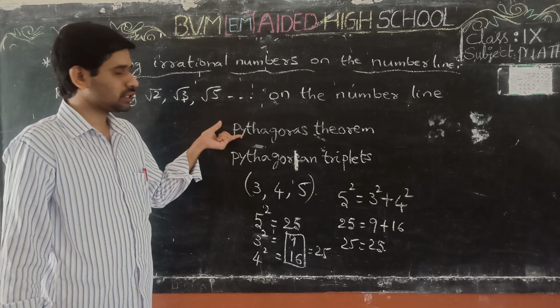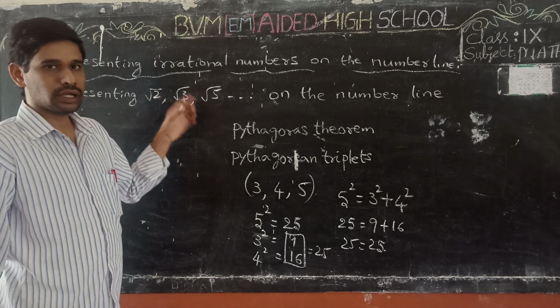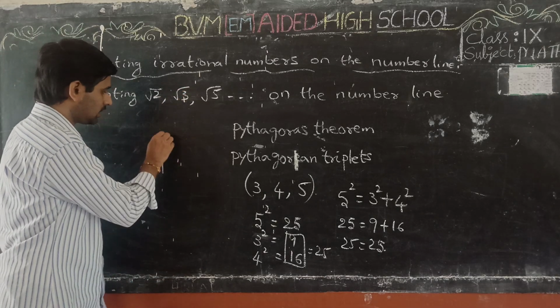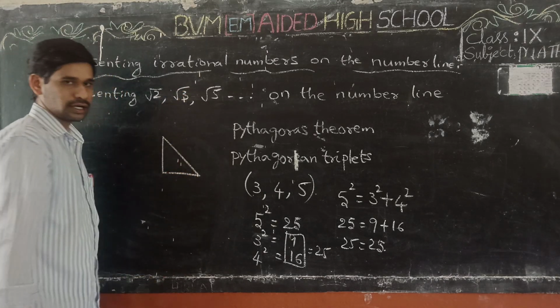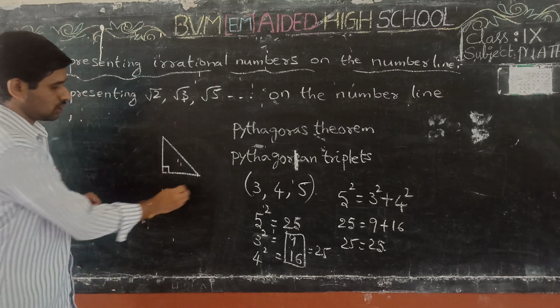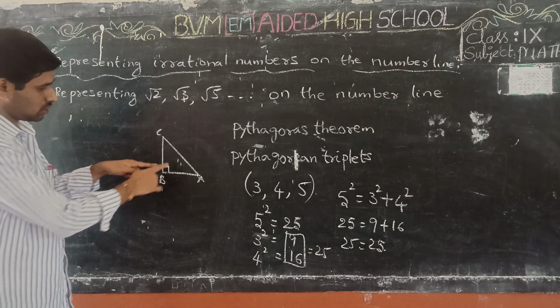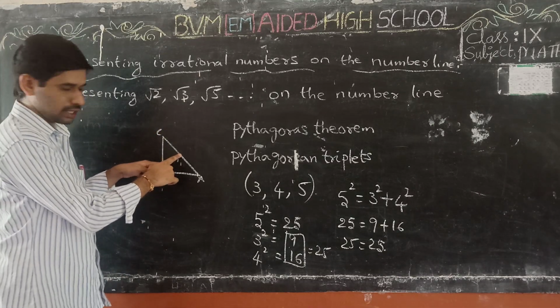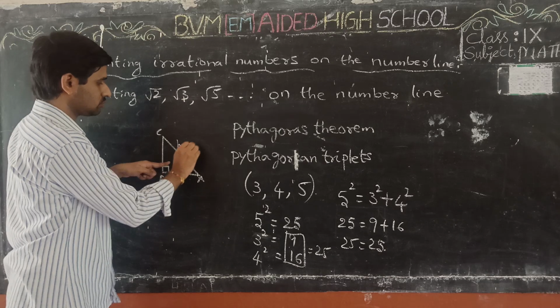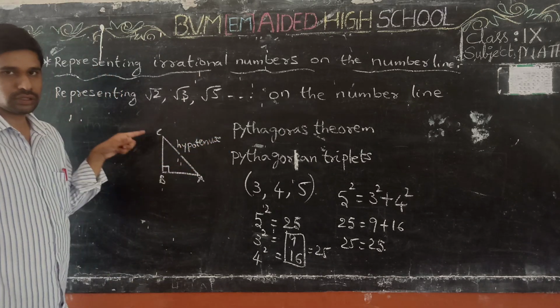This Pythagoras theorem states about the right angle triangle. If you take a right angle triangle ABC, right angle at B, the side opposite to the right angle is called the hypotenuse. This is the longest side.